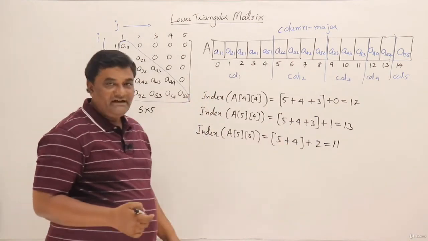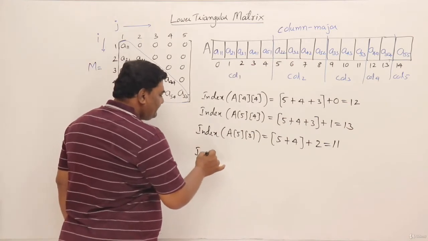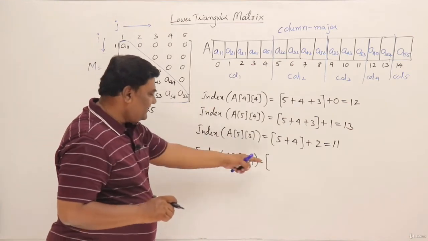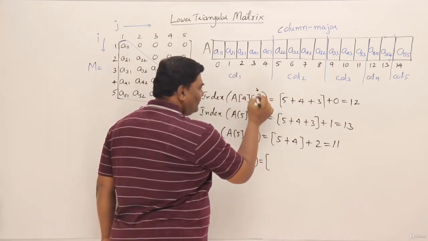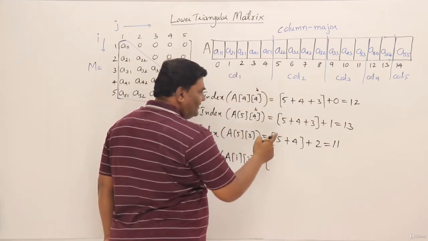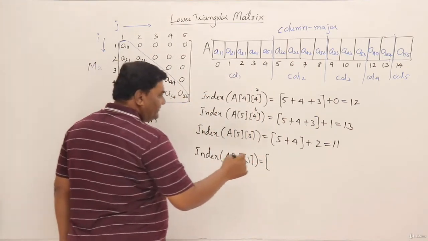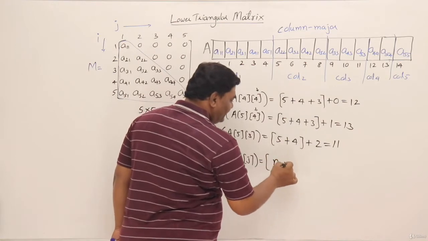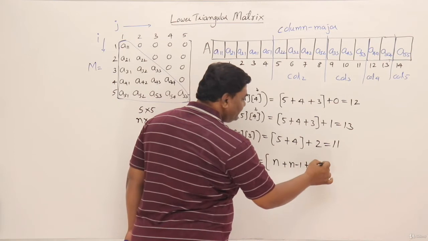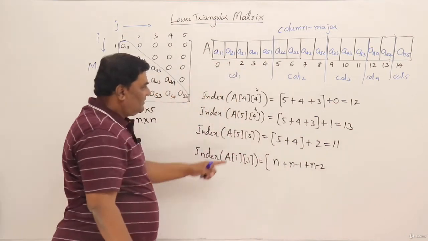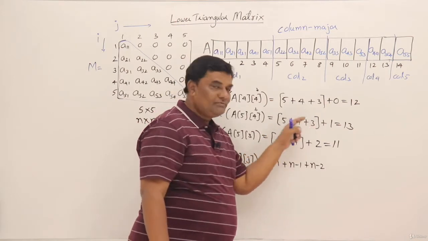Then how can this be converted into a formula for any index i comma j? I will try to observe these values and write them down. For example, the column number was 4 here and also 4 here. So this 5 is nothing but n cross n. The first one is n, then plus n minus 1, then plus n minus 2. For 4, this was n, then n minus 1, then n minus 2.